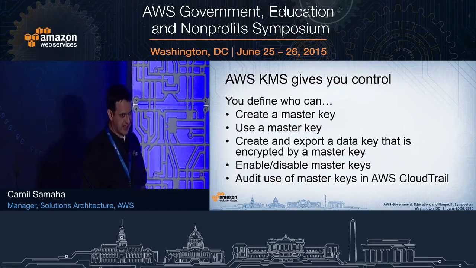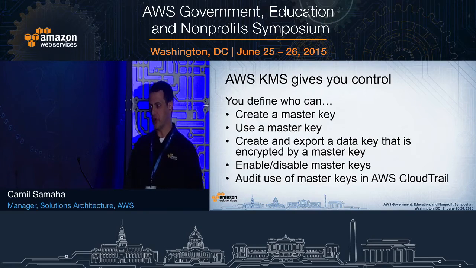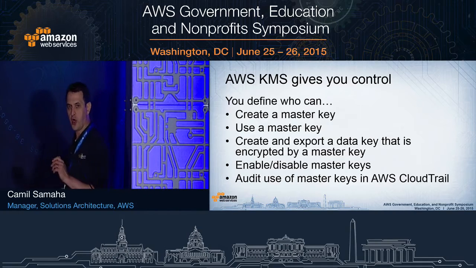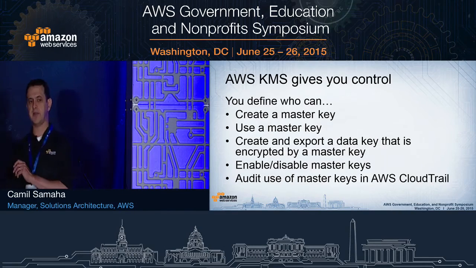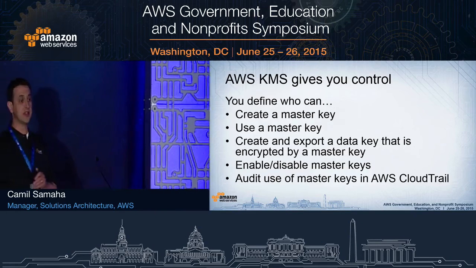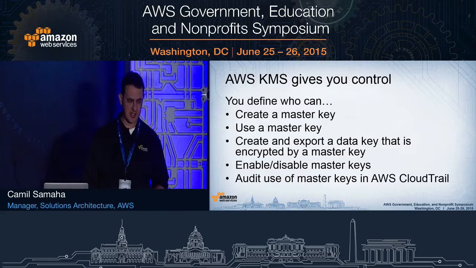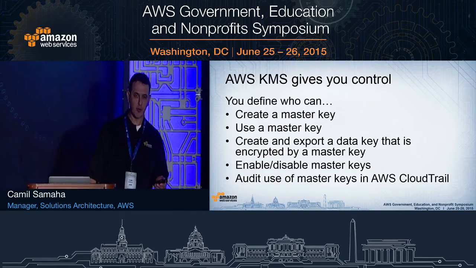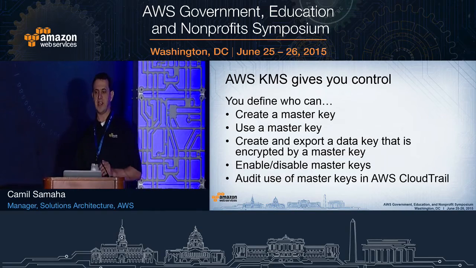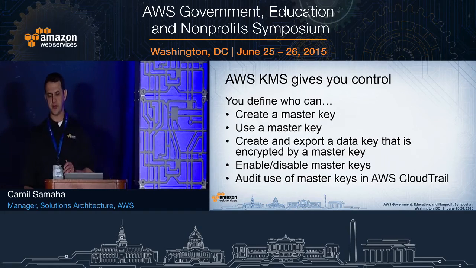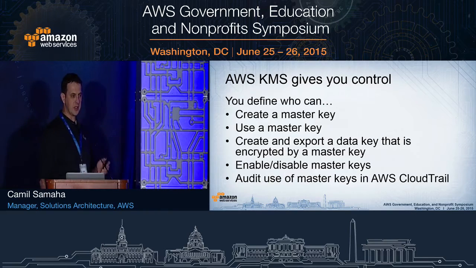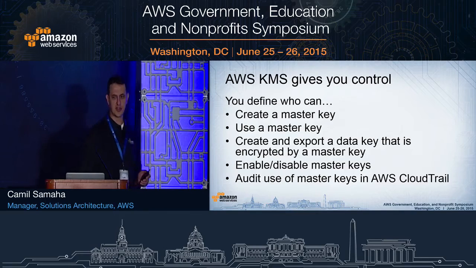So, as I just mentioned, you have full control over who has the ability to create the keys, who has the ability to use those keys, and who has the ability to manage those keys. But even more importantly, every API call made to the KMS service is logged and available through the CloudTrail service.